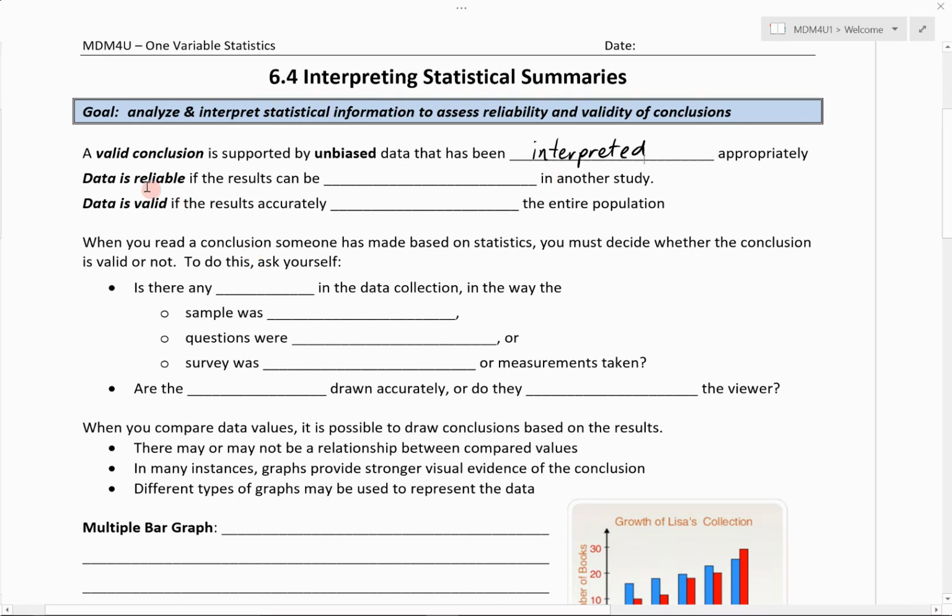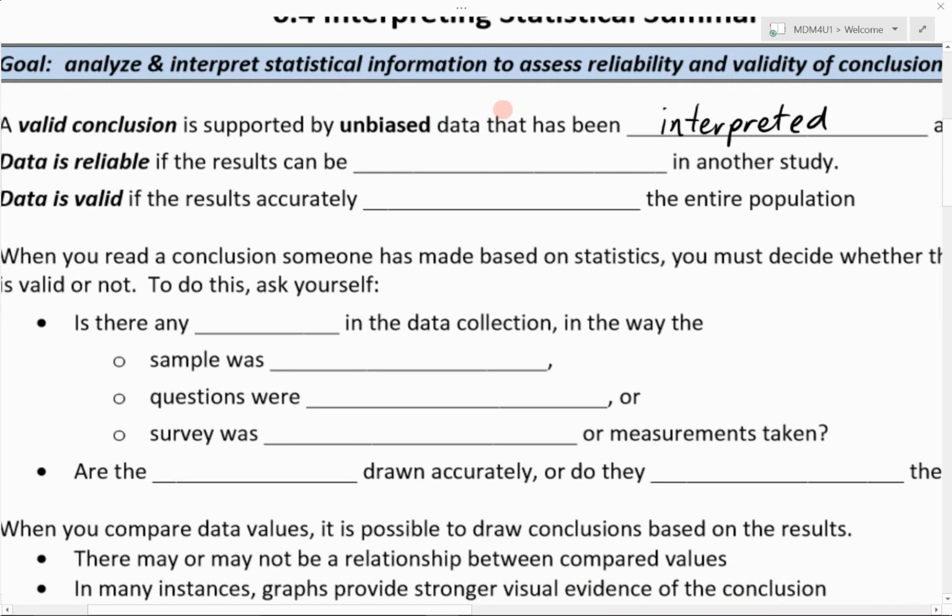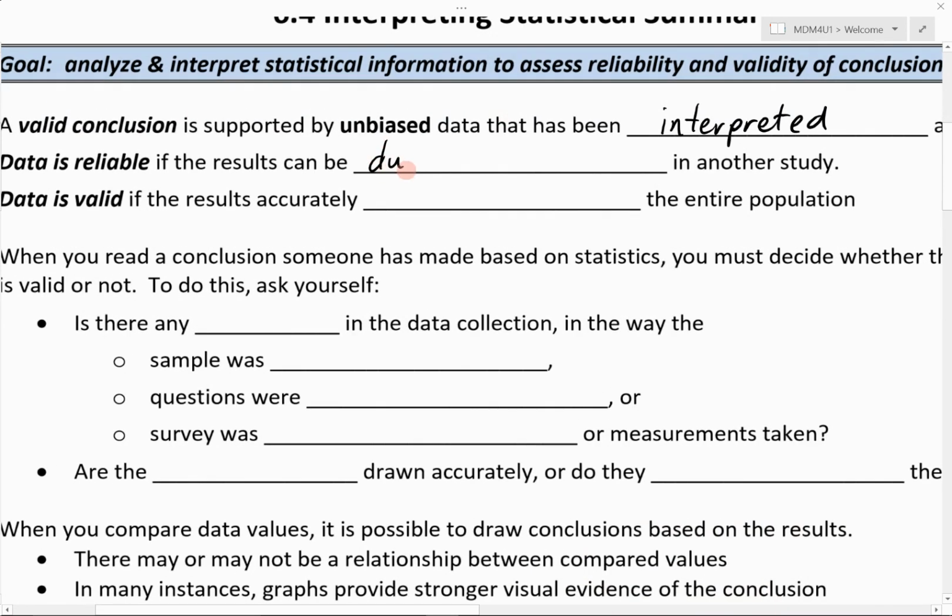So, reliability of data. Is data reliable? The data is reliable if the results can be duplicated in another study. This is very common in academic circles, where if you want to verify another researcher's results are true, that researcher should be able to provide the data in such a way that it can be duplicated.